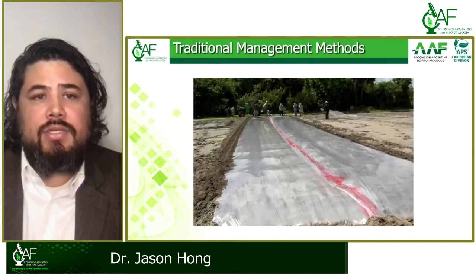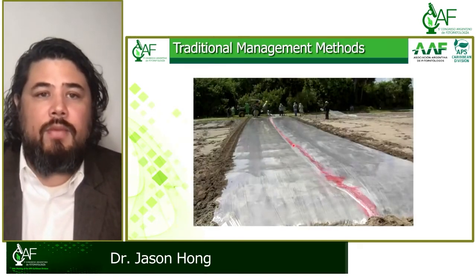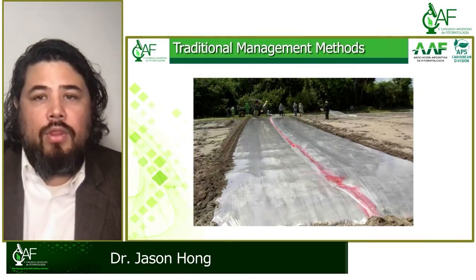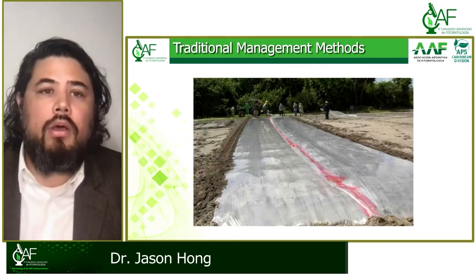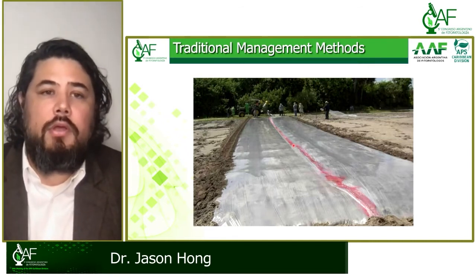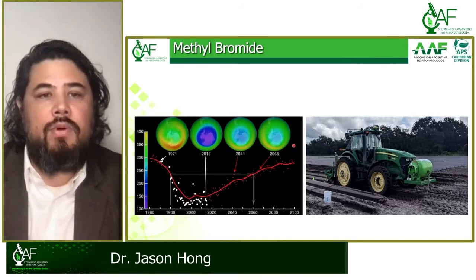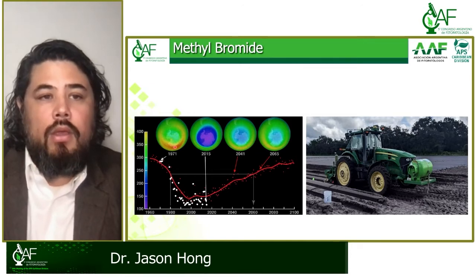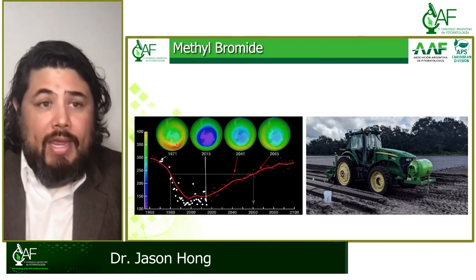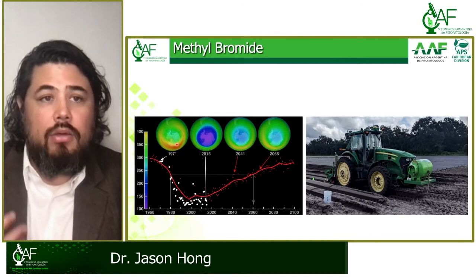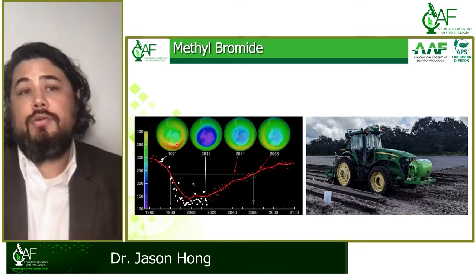Typically, these pathogens and pests are controlled with chemical fumigants. One of the main fumigants was methyl bromide. It worked very well from the 1950s onward. However, in the 1980s, it was discovered that it was one of the largest contributors to causing the ozone hole. There was a worldwide ban on creating more methyl bromide and on the use of it.